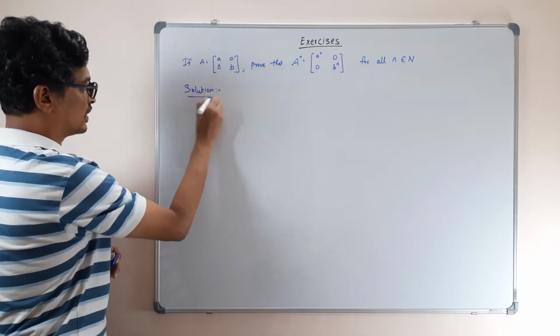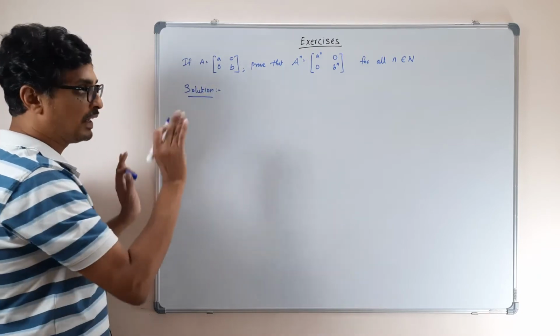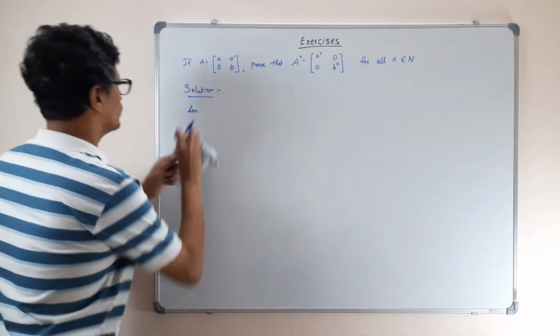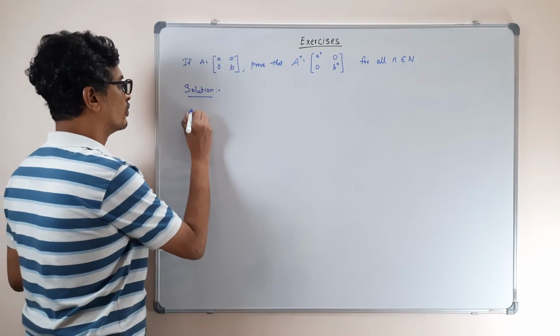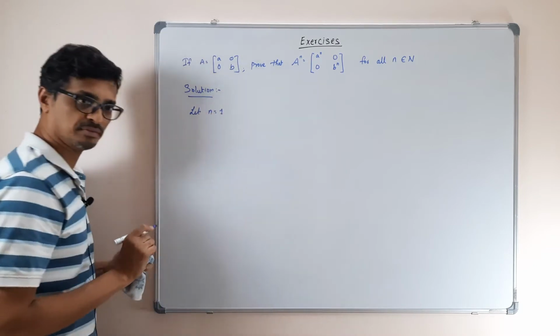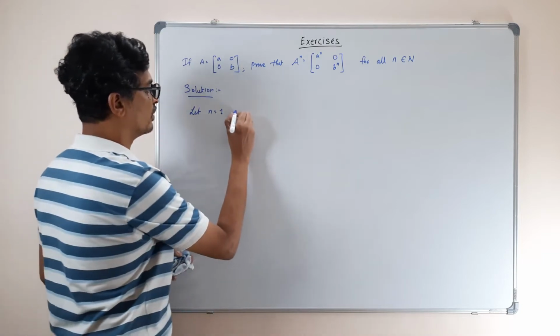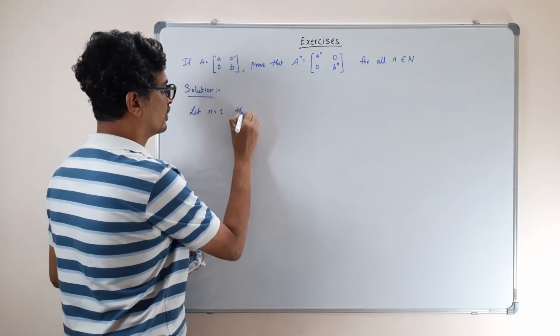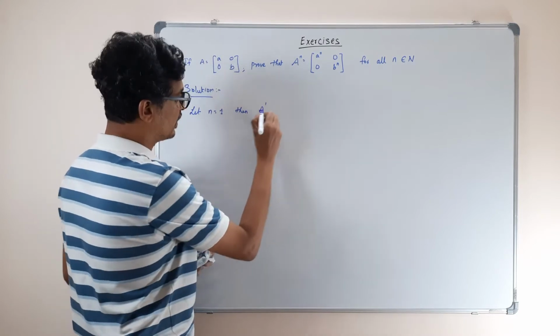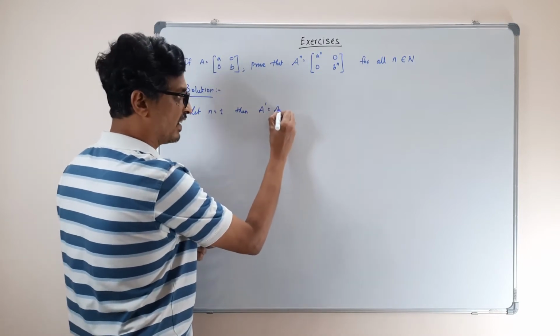So how to start? Let n equal to 1. Then A power 1, that is equal to what? A power 1 is A, correct?